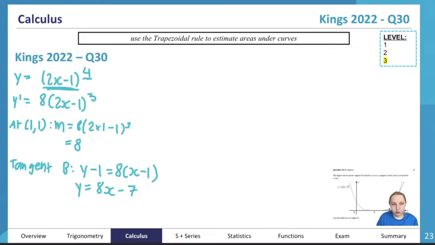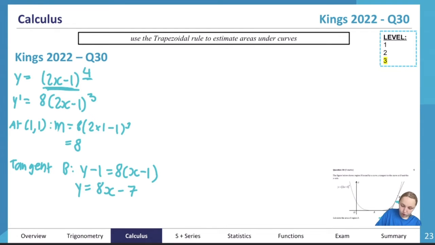From there, we want to find an area of a triangle to help us work out the area of R down here. In order to do that, we need the x value where the line intercepts the x-axis.